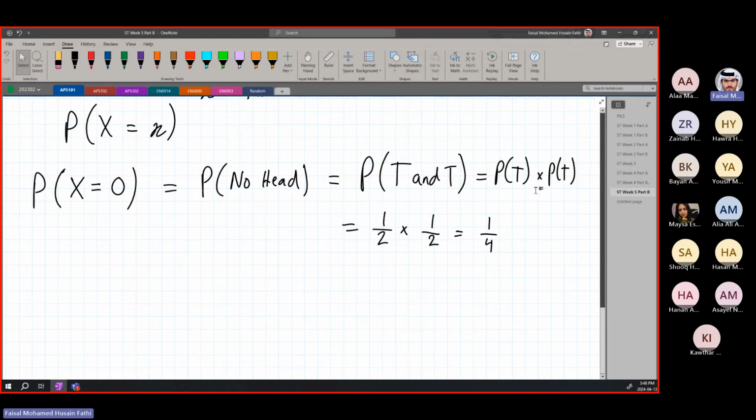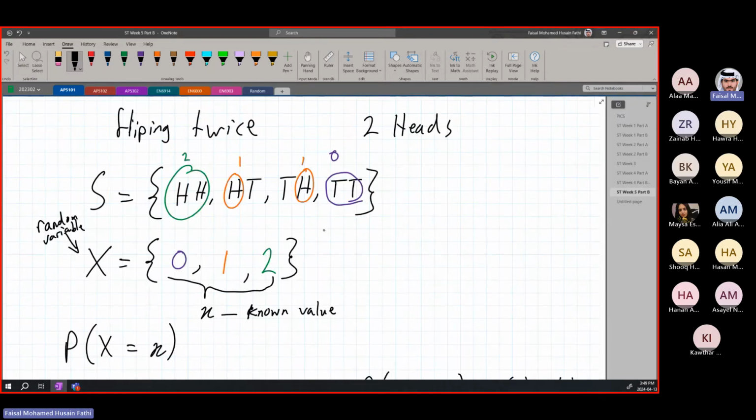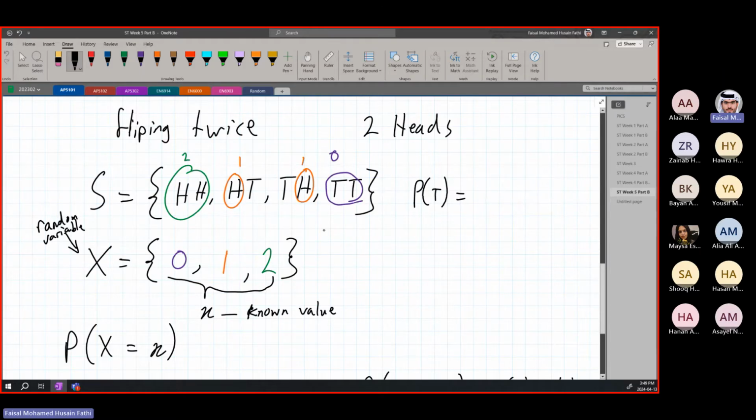Again, why is this the case? Because if we find our probability of T here, what is the possibility of getting tails? It is 1 over 2 when you're flipping a coin one time. We're not looking at the full sample space, we're looking at only one flip.